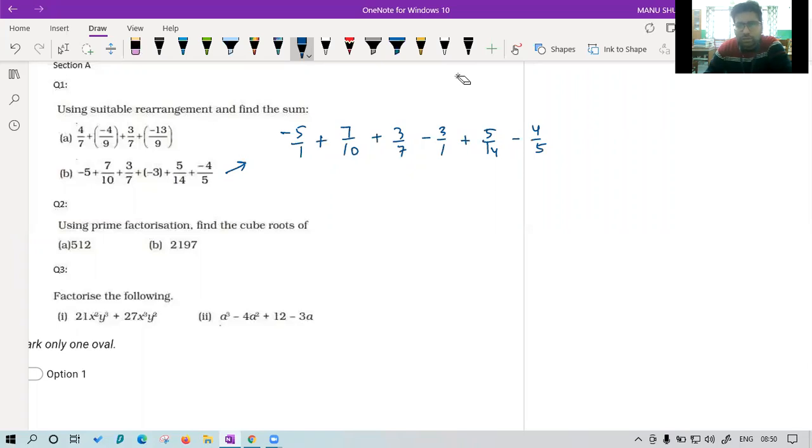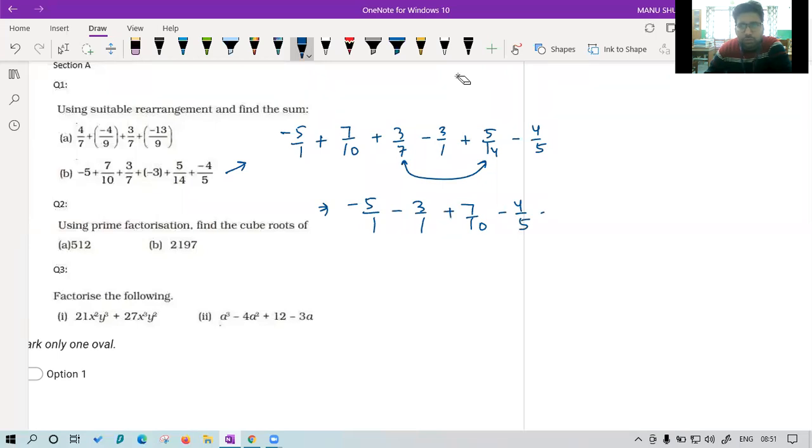So as such, I think these two are easy to solve together and the remaining are fine with each other. So we can say like this, minus 5 upon 1 minus 3 upon 1 plus 7 upon 10 minus 4 upon 5.